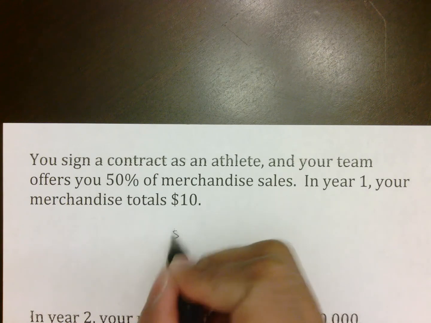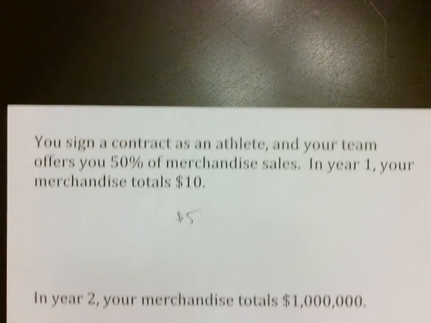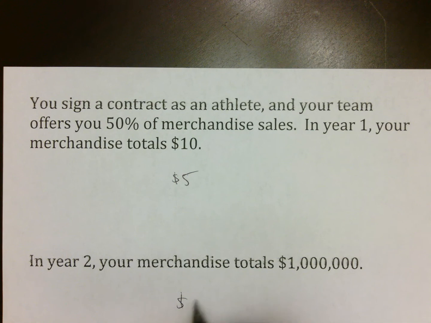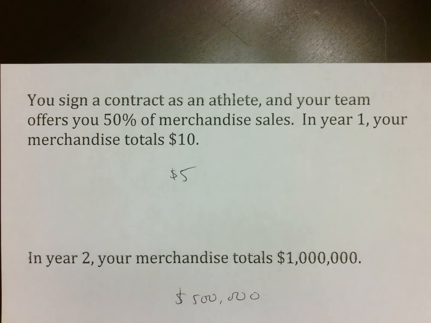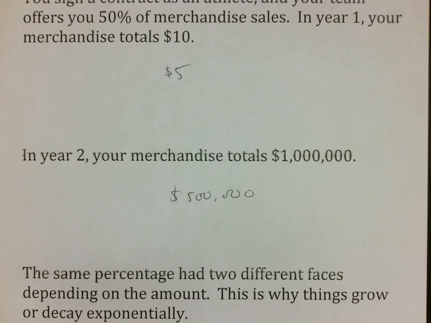Half of 10, of course, means you only get $5 in that year one. But in year two, let's say you have a great year and for some reason your merchandise takes off. In year two, your merchandise totals $1 million. Well, half of $1 million, 50% of that is $500,000. So the same percentage of 50% had two different faces, and it depends on the amount.